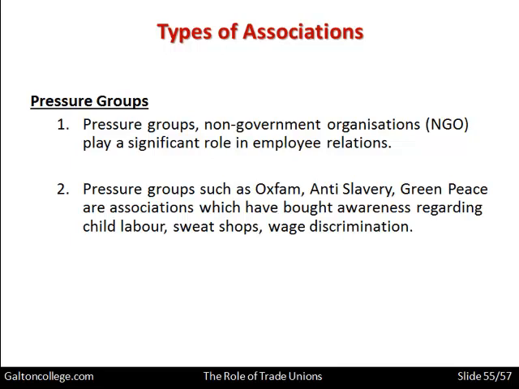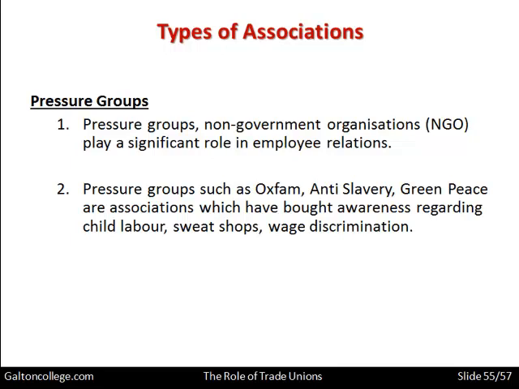It's not just in some remote countries. In the advanced world it happens as well. It could be domestic workers who have been paid very little and mistreated. So anti-slavery is an important issue.